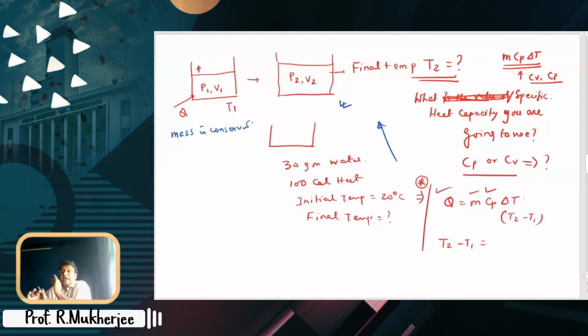But that's it. If somebody asks, what is the specific heat capacity for this system? You just have to raise your hand, so you do not know. Because specific heat capacity for a gaseous system is defined under two constricted conditions. Either it has to be constant volume, or constant pressure, right? So you cannot find out this problem following this approach, but if I make this container rigid, then you can use it, right?